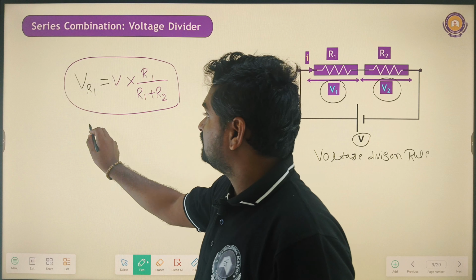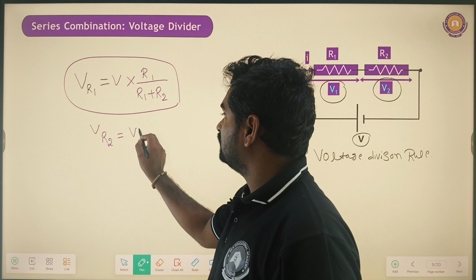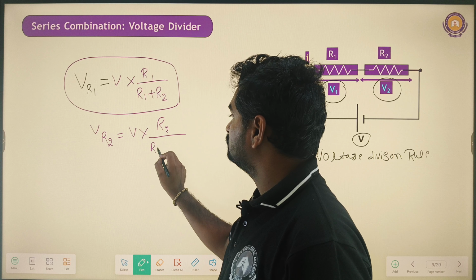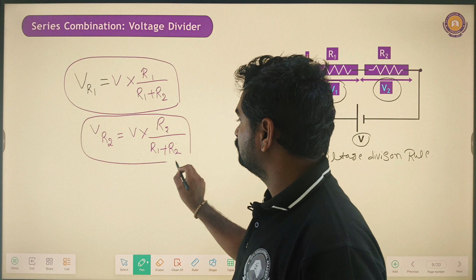Similarly, voltage at R2 is total voltage into R2 by the same total resistance. This is the voltage division rule. Okay?